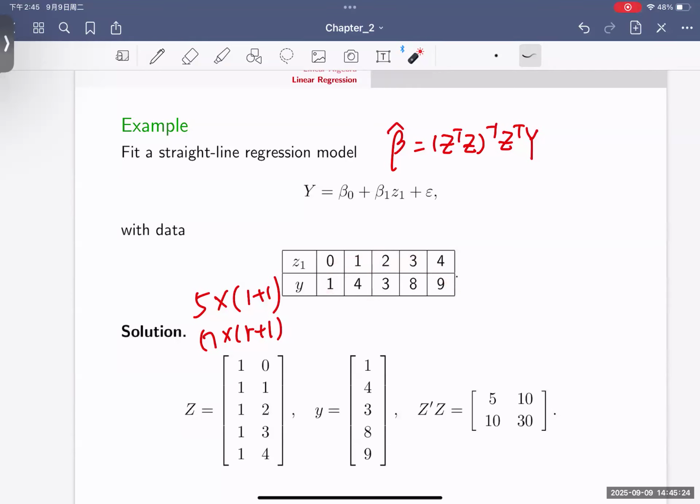Then we can obtain Z transpose Z. We have Z and Y, so we can compute Z transpose Z and Z transpose Y separately. This is Z transpose Z, and then we find the inverse. With a calculator or computer, the inverse is very easy to get.